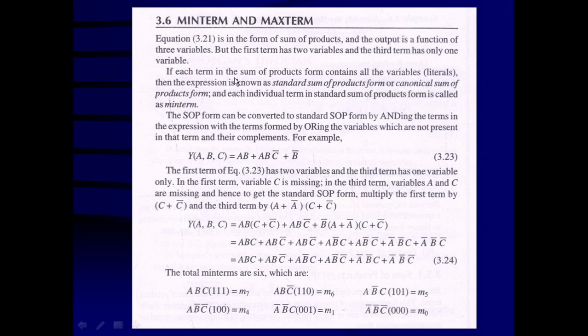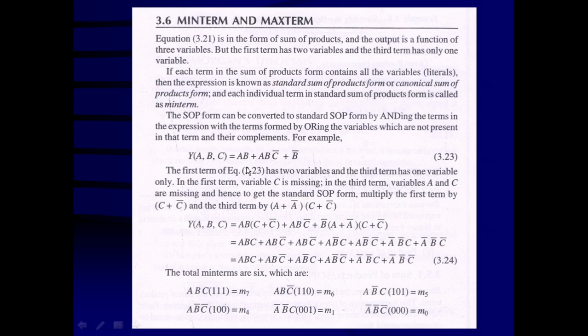If each term in the sum of product form contains all the variables, then the expression is known as the standard sum of product form, or canonical sum of product form, and each individual term in a standard sum of product form is called a min term. That means this is also a sum of product equation, but this is not a standard sum of product equation.